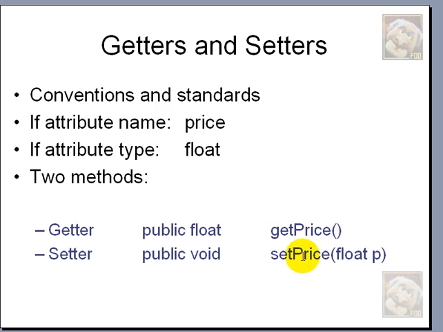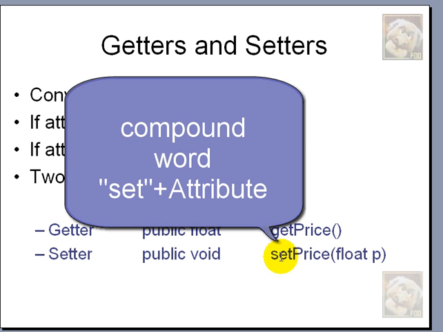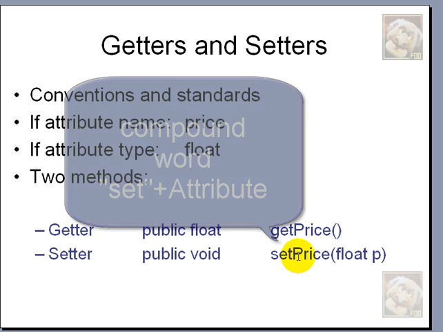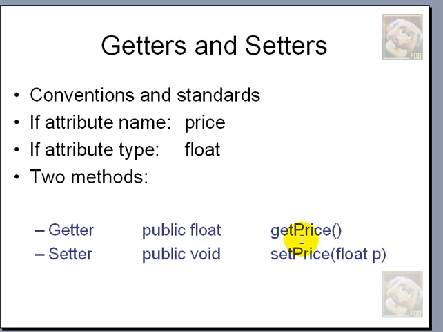In the case of the setter, we start by writing set, lowercase, and append the name of the attribute with an uppercase first letter. This is a strict convention. It must be done like this. No other name is allowed.